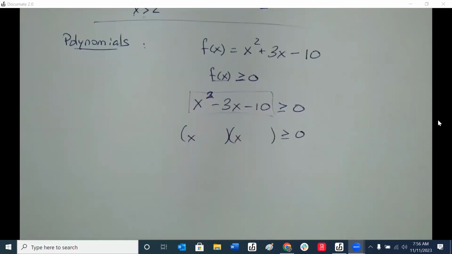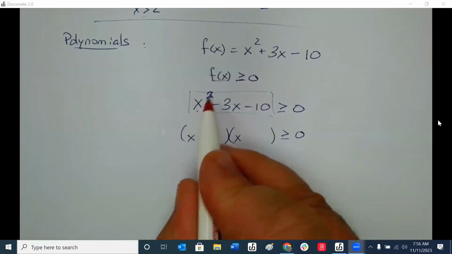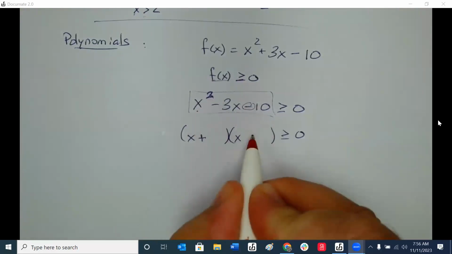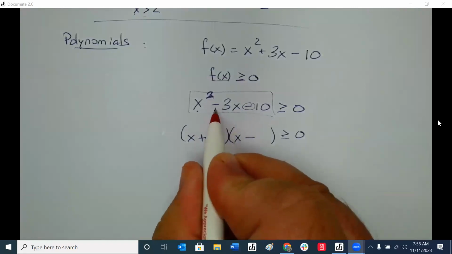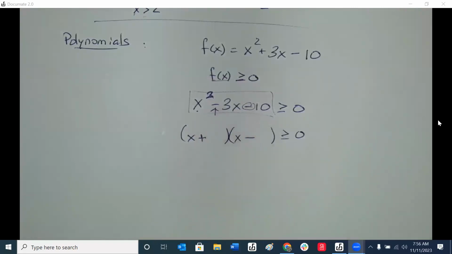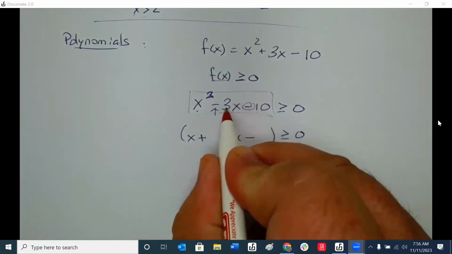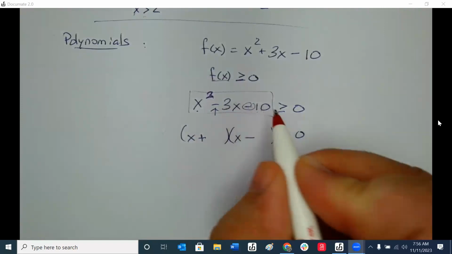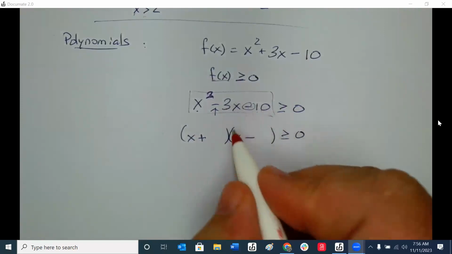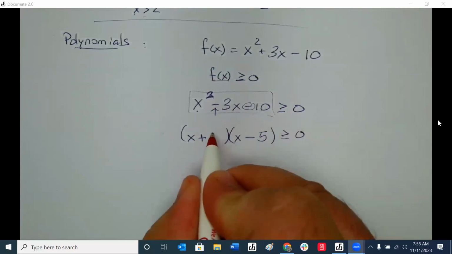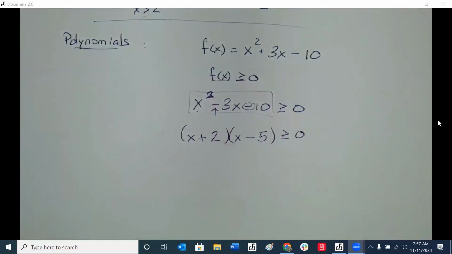If not, then we use complete the square or the quadratic formula. So x times x gives me x squared. The second sign's a minus, so that means they're opposite signs. The bigger number gets the negative. So what times what is 10, and when you subtract them, you get 3? Well, 5 times 2 is 10, and 5 minus 2 is 3. So the 5 gets the negative, and 2 is positive.